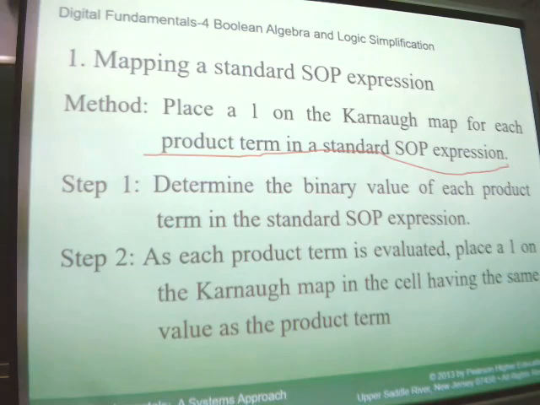There are two steps. First, determine the binary value of each product term in the standard SOP expression, and then evaluate each product term. Place a 1 on the Karnaugh map in the cell having the same values as the product term.